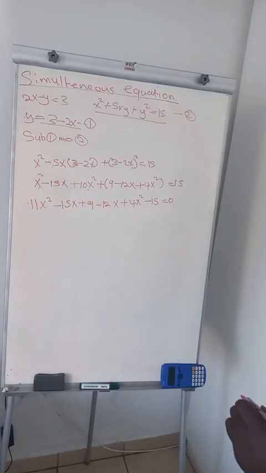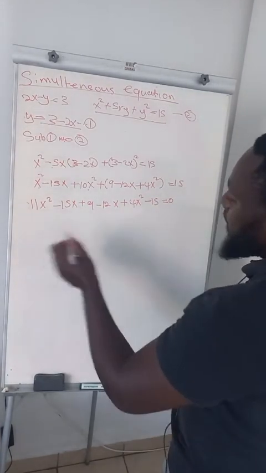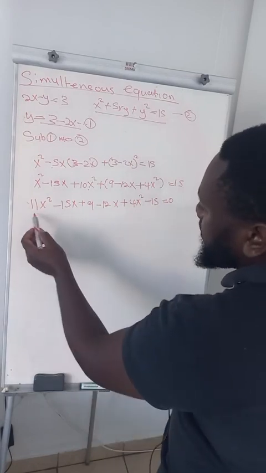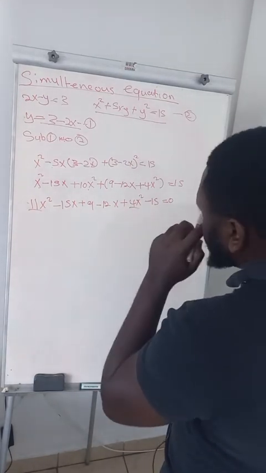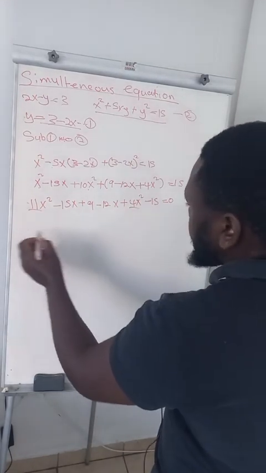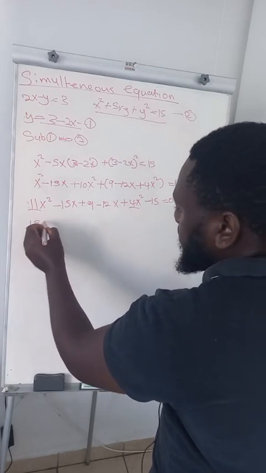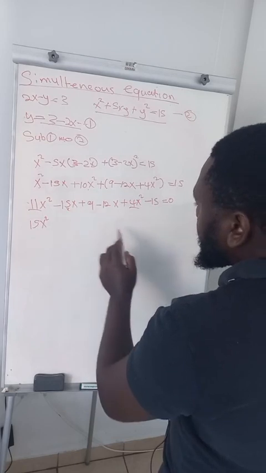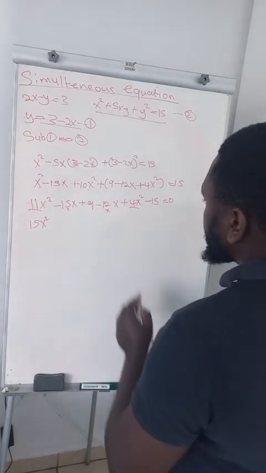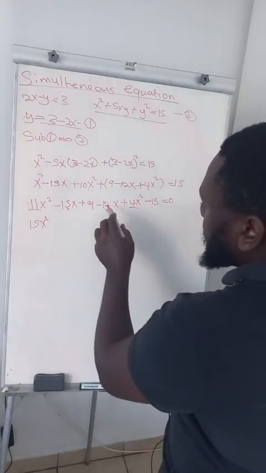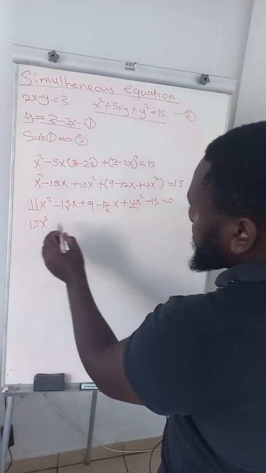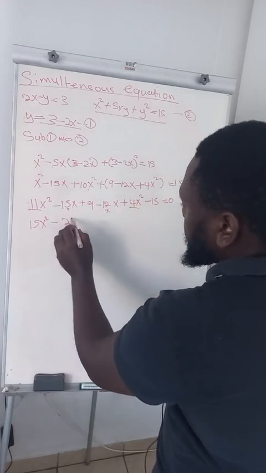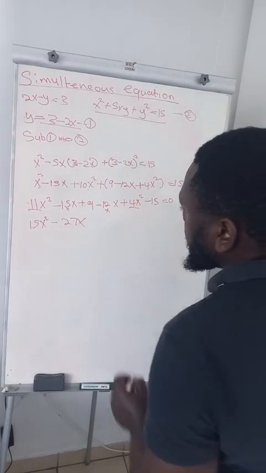Now, after getting that, add and subtract the like terms. Here you've got 11 and then 4. It means you'll have 15x squared. Now, 15x and 12x, how much will you get? You'll get 27x.